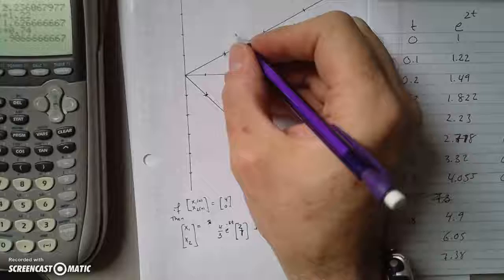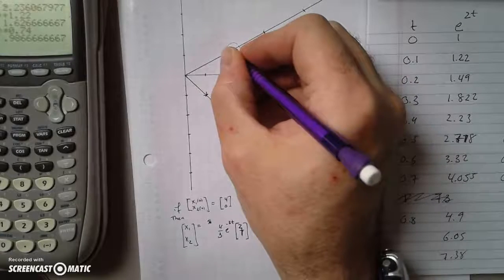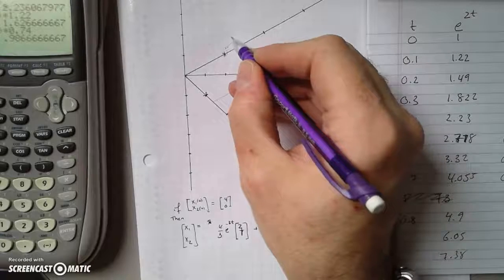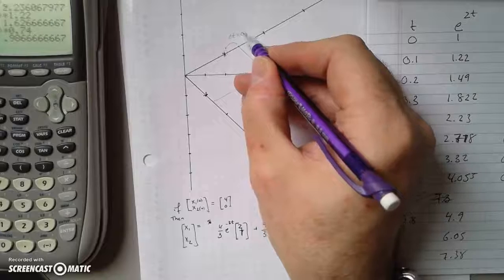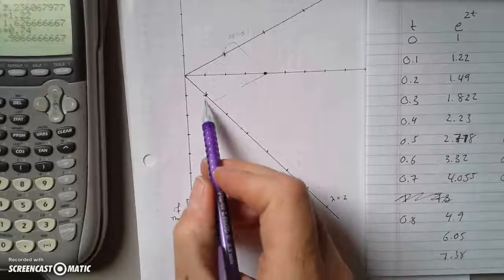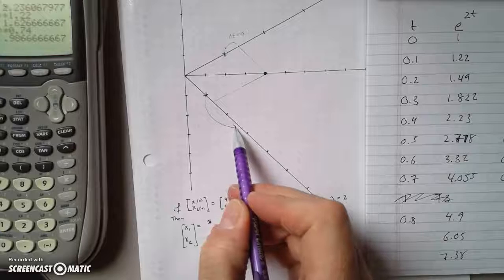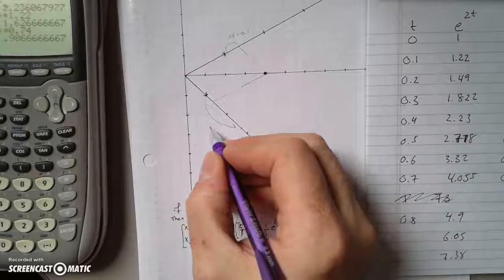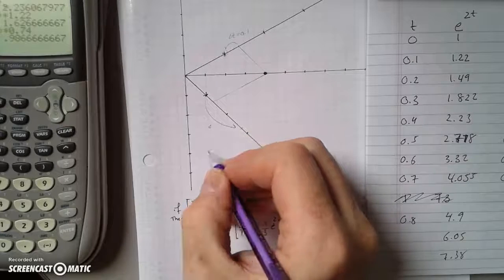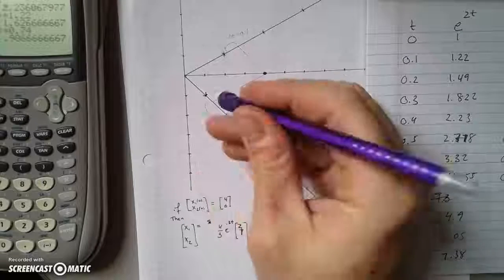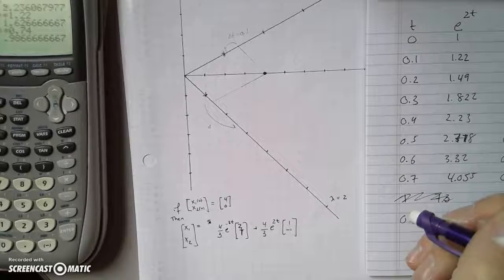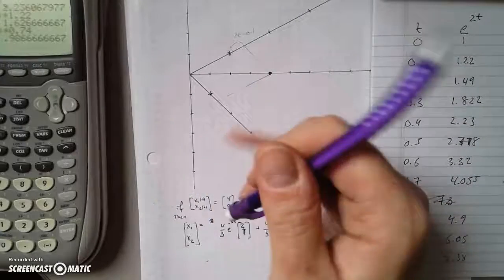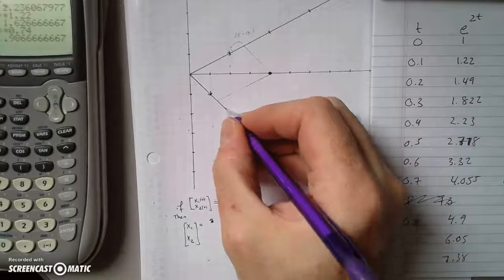So let's illustrate this. Let's do it with pencil. So we're going from here. This is the first increment of time. It's a tenth of a second. Oh wait, I jumped too far. Whoops. 1.6, not 2.6. So that would be more like right about here.